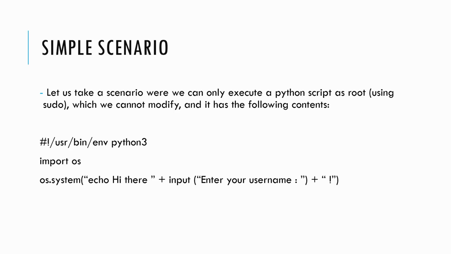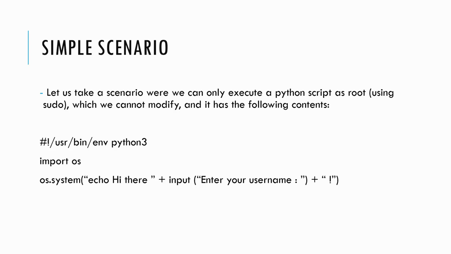To learn command injection, let us take a simple scenario where we have compromised a user and we are allowed to run the following Python script as root. So this script simply imports the OS module. The OS module allows us to interact with the operating system in Python, and then we use os.system.